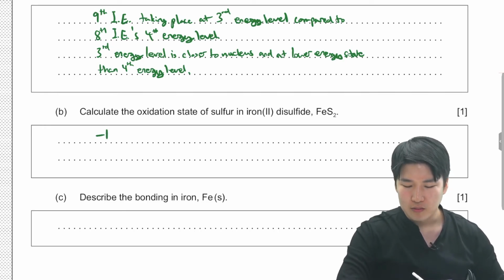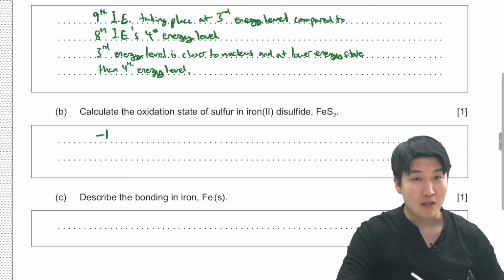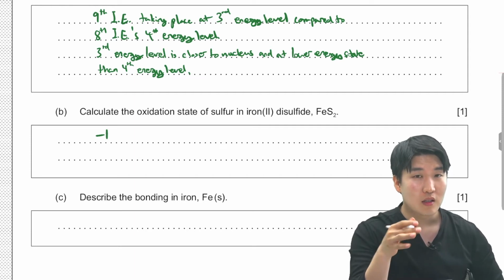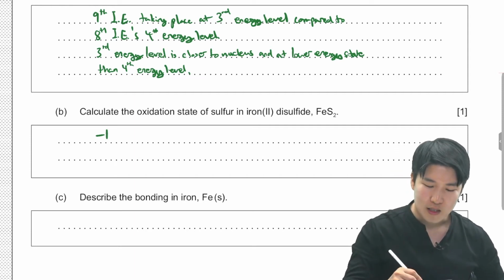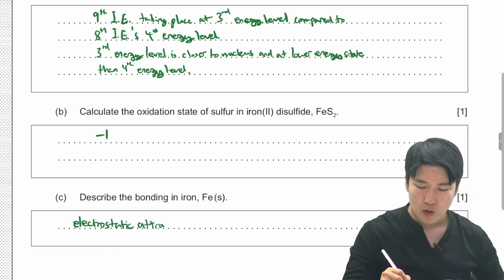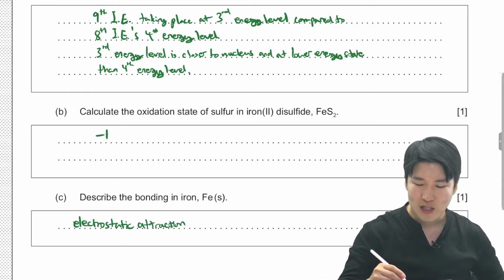Bonding in iron is metallic, but we're not going to get 1 mark for stating metallic. We actually have to elaborate what a metallic bond is made up of. It's made up of electrostatic attraction. Bonding is always about plus and minus attractive force.